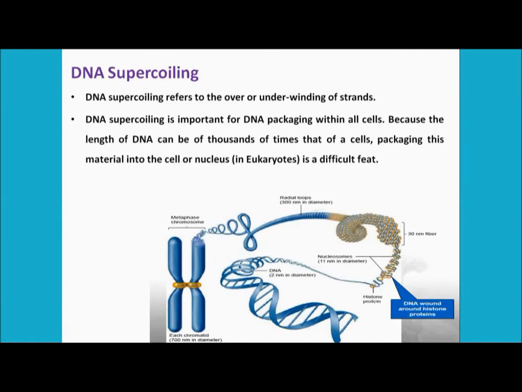The length of the DNA can be 1,000 times that of the cell, so packing this much material into a cell is difficult. That's why DNA supercoiling takes place. Supercoiling reduces the space and allows much more DNA to be packed within the cell.